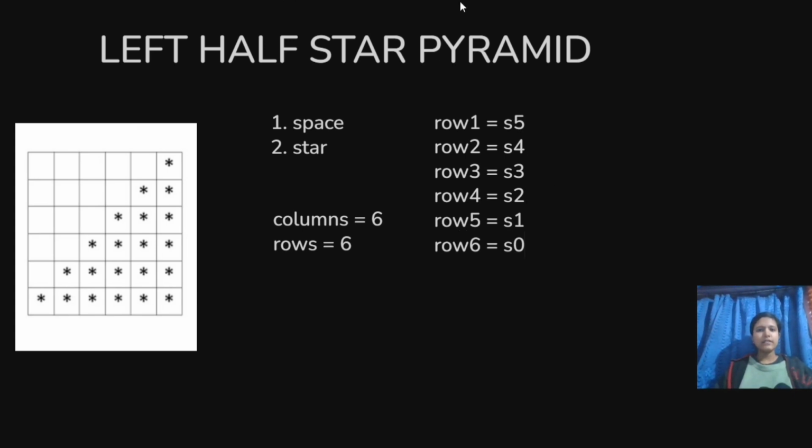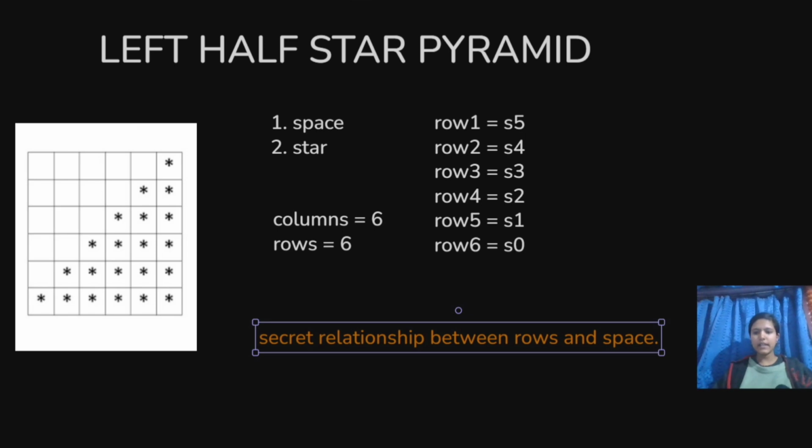So we say there is a secret relationship between rows and space. What is the secret relationship between the rows and space?